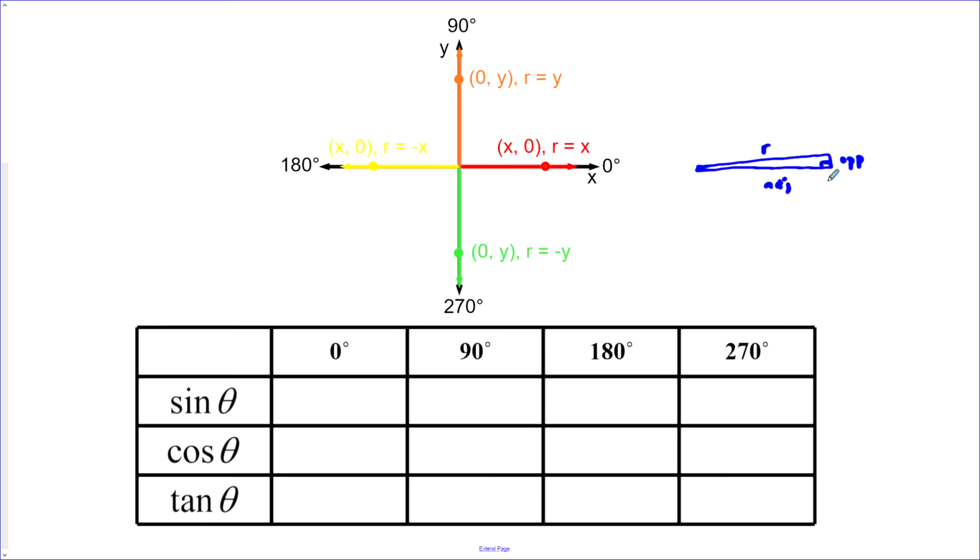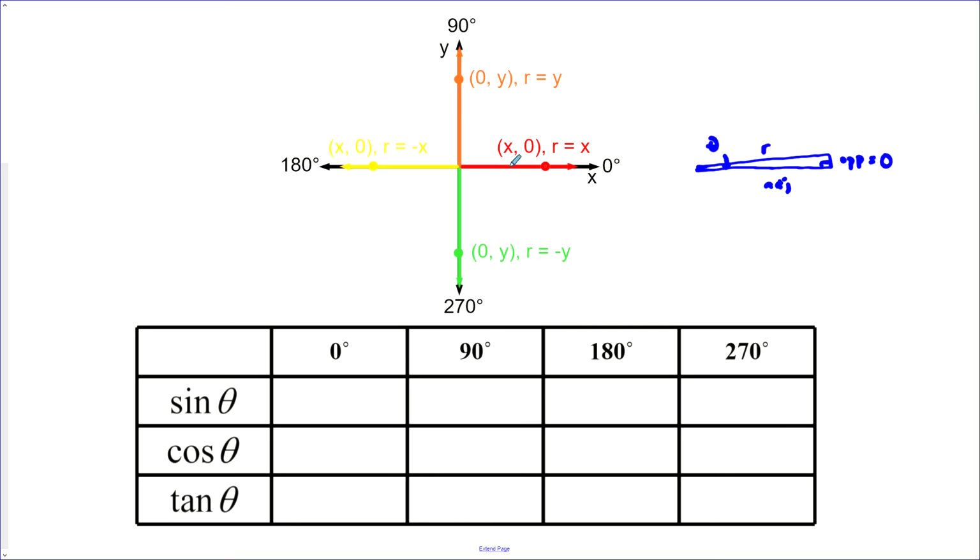So at 0 degrees, this is our theta right here. The opposite side shrinks to 0. And the radius, or the hypotenuse, stays the same, and the adjacent is now equal to the hypotenuse because this went to 0. So it's like just two equal lines here.